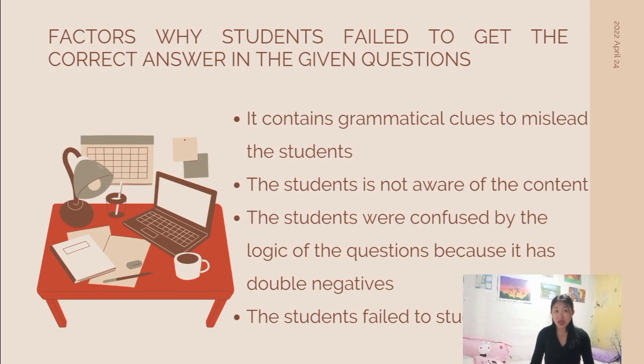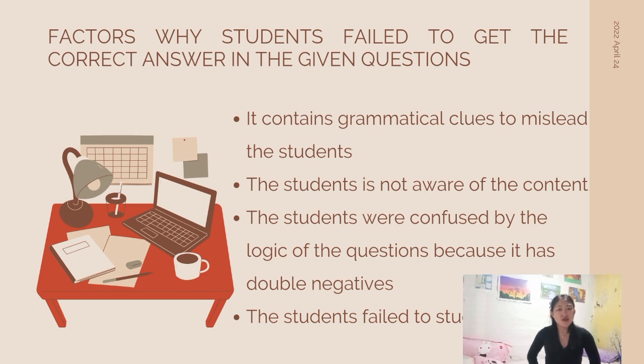It contains grammatical clues to mislead the students. Next, the student is not aware of the content. It is possible that the students are not aware of the content. Of course, because it is one of the factors. Next, the students were confused by the logic of the questions because it has double negatives.